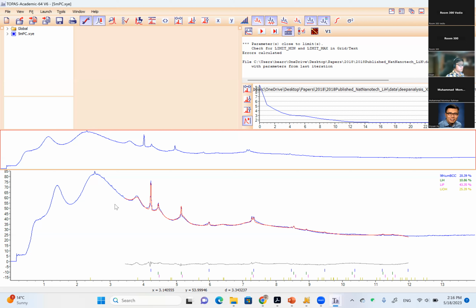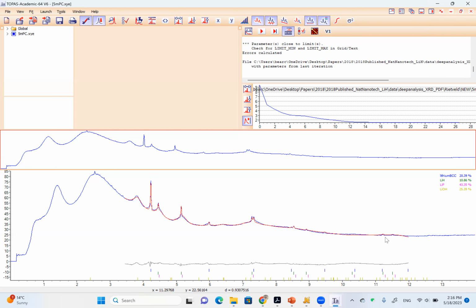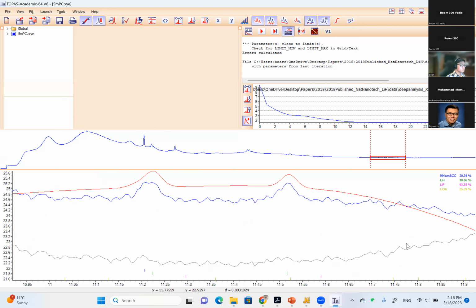From the data analysis. And for the high angle, you see the peaks are getting weaker and weaker as we go higher and higher in 2 theta. That's also happening here. We still can see a clear peak, but here the peak is kind of weak, right?